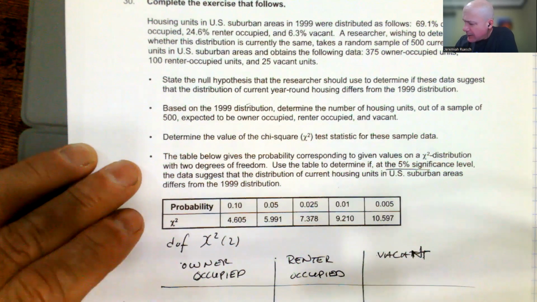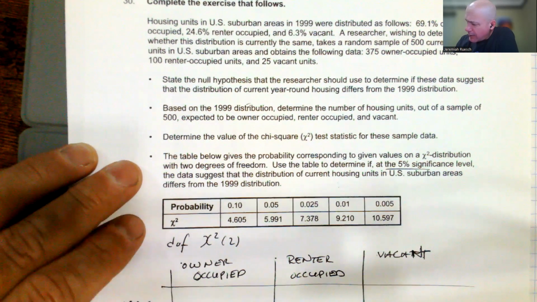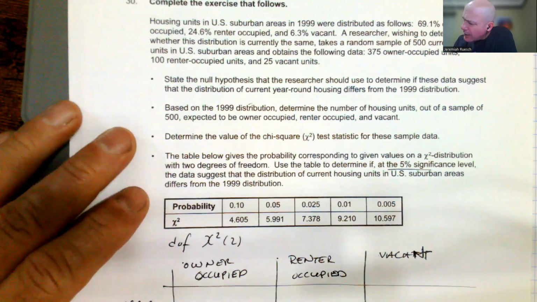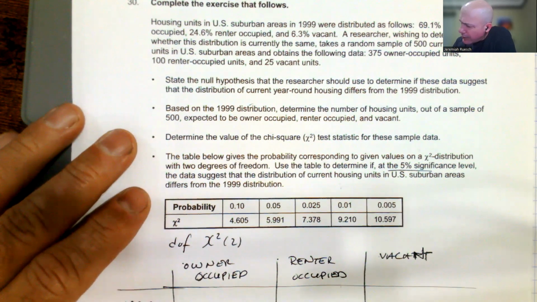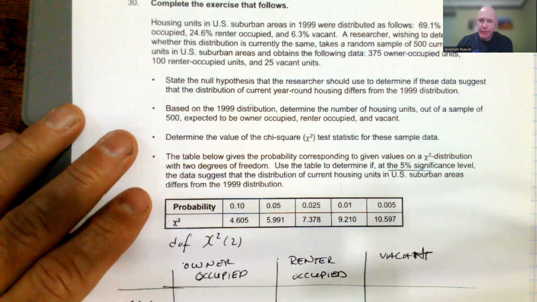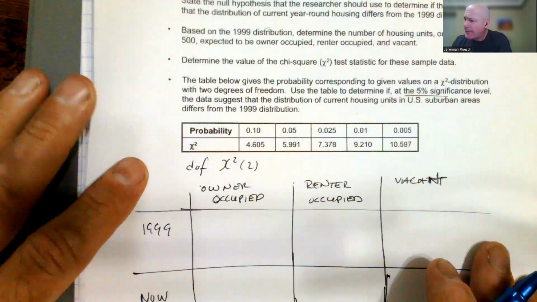So we have the 1999 values, and then the current values, or I'll say now. Here is our table based on the data.